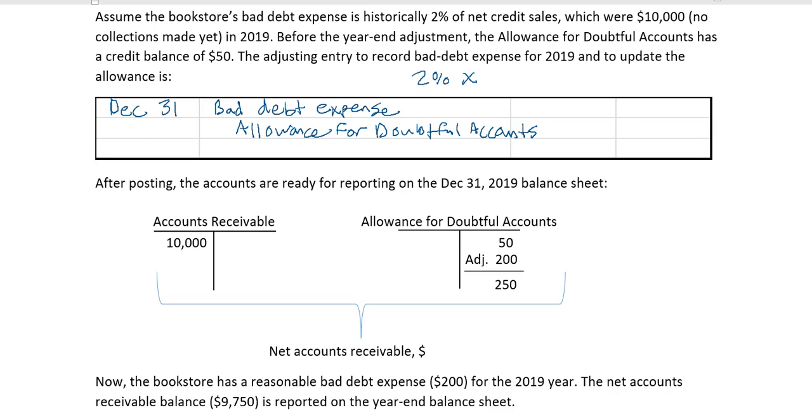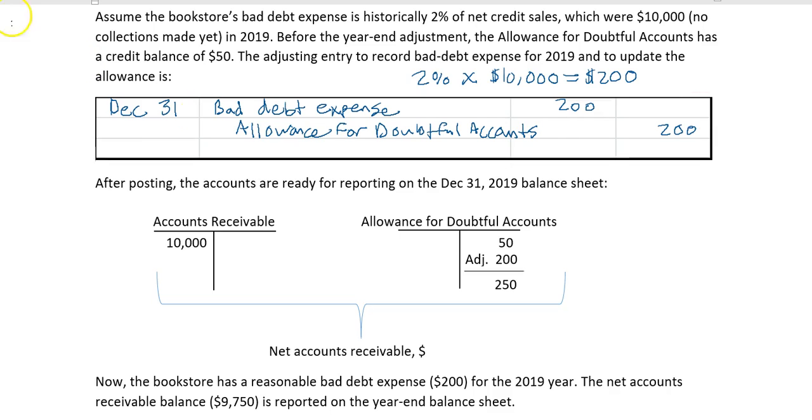So looking at our information, we have $10,000 of net credit sales, and we have a historic rate of 2%. Therefore, we'll have $200. Now, the interesting thing about this method is that we're not concerned with what's already sitting in the AFDA account.